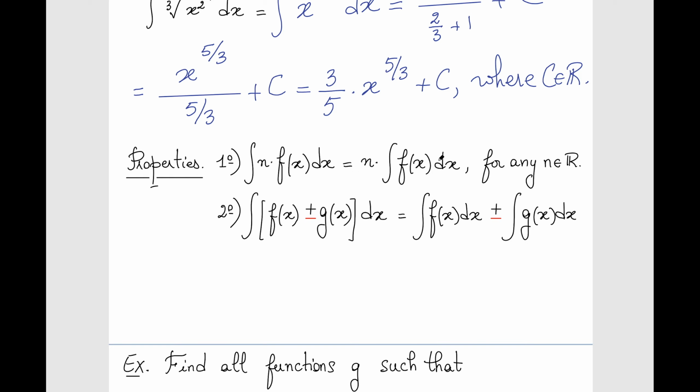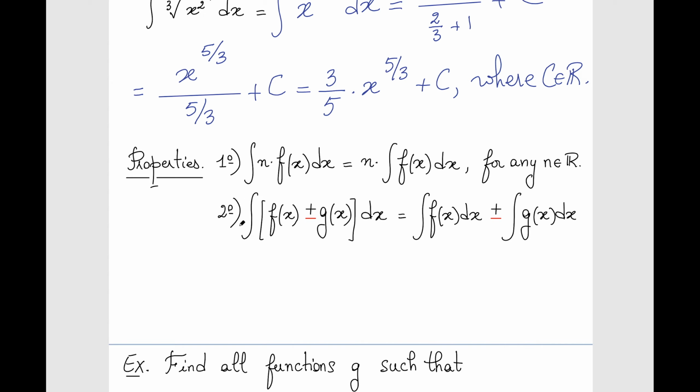It suffices to find an antiderivative of f and then multiply it by n. That gives you an antiderivative of n times f of x. So if you want to find an antiderivative of a constant times a function, it suffices to find an antiderivative of the function and then multiply that antiderivative by n.